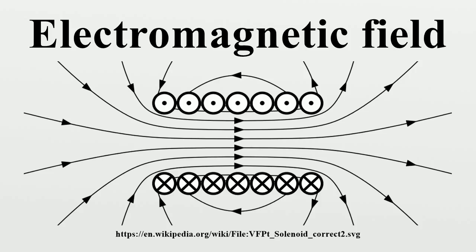Similarly, if only the magnetic field is non-zero and is constant in time, the field is said to be a magnetostatic field. However, if either the electric or magnetic field has a time dependence, then both fields must be considered together as a coupled electromagnetic field using Maxwell's equations.